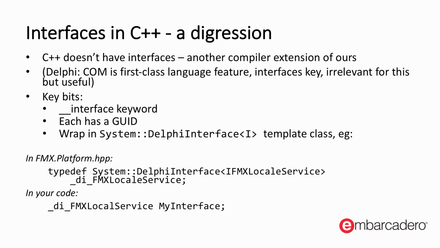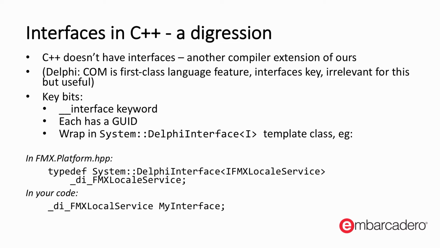Interfaces also have GUIDs which are used to uniquely identify them, and it's common to wrap an interface in a special useful template class called Delphi interface. So IFMXLocaleService, which is one of the platform services, has a GUID, and to use it from C++ you write _di_IFMXLocaleService myVariable.